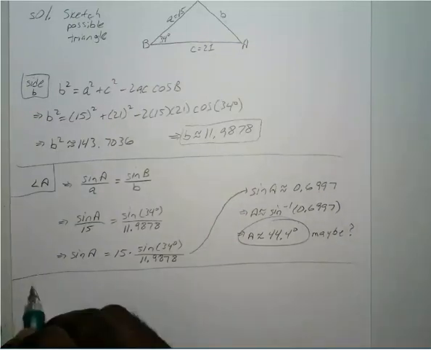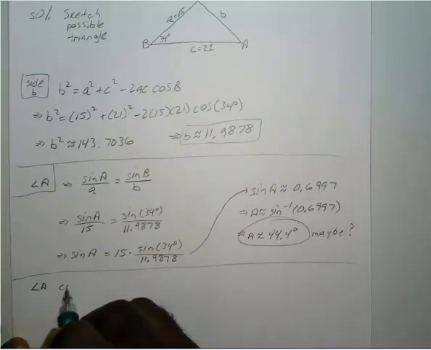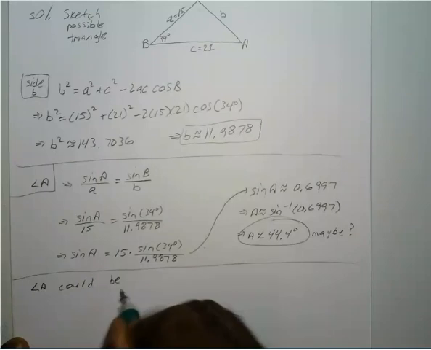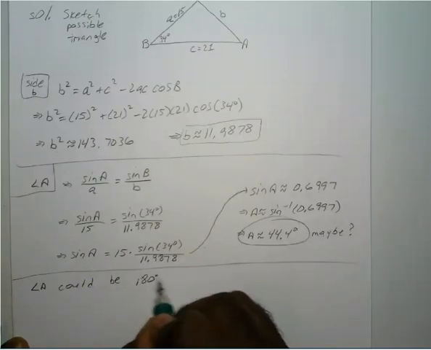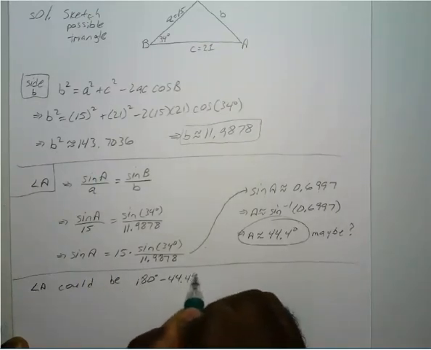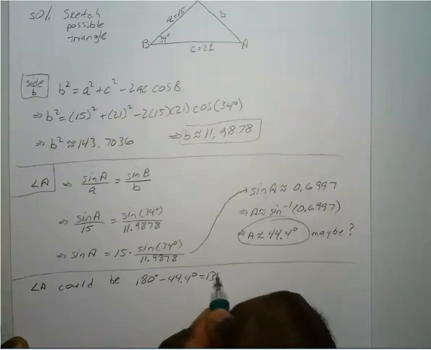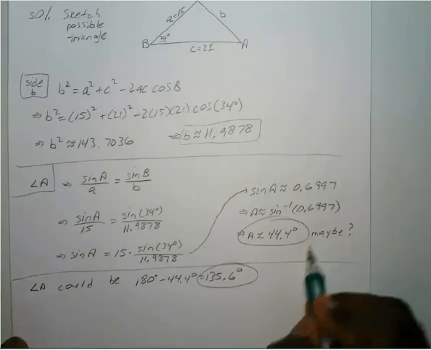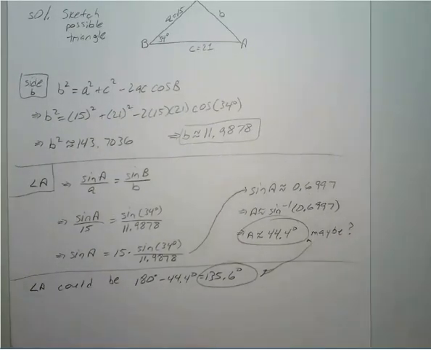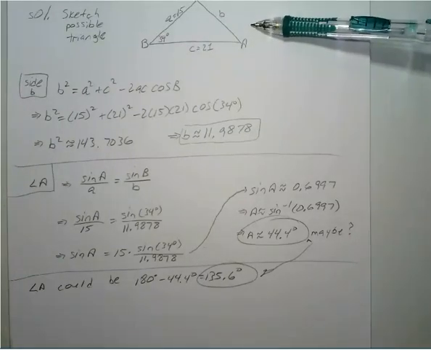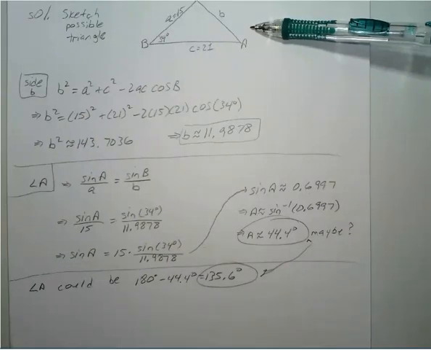Now, angle A could be 180 degrees minus 44.4 degrees, which is 135.6 degrees. Again, could be this one. Well, how do we know which one it is? Look at your triangle. Remember that very first thing I told you on the first page: the largest angle is always opposite the largest side.